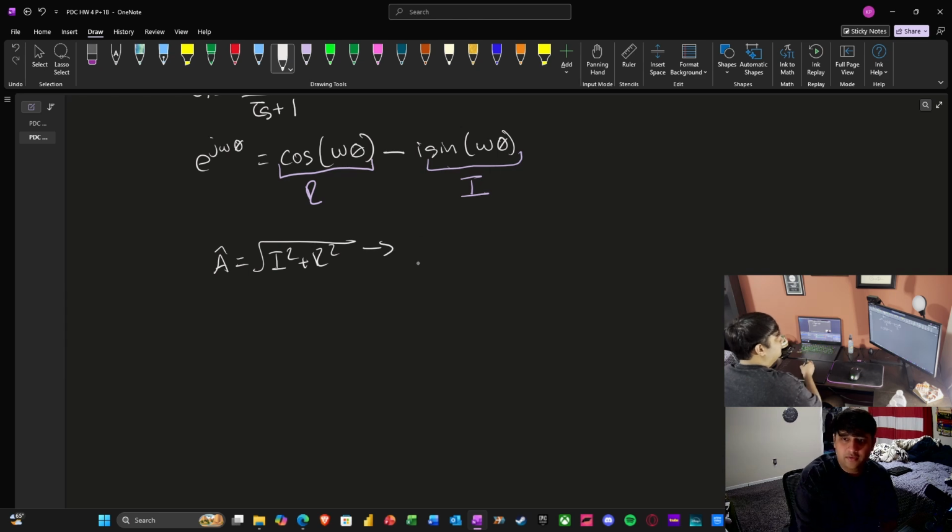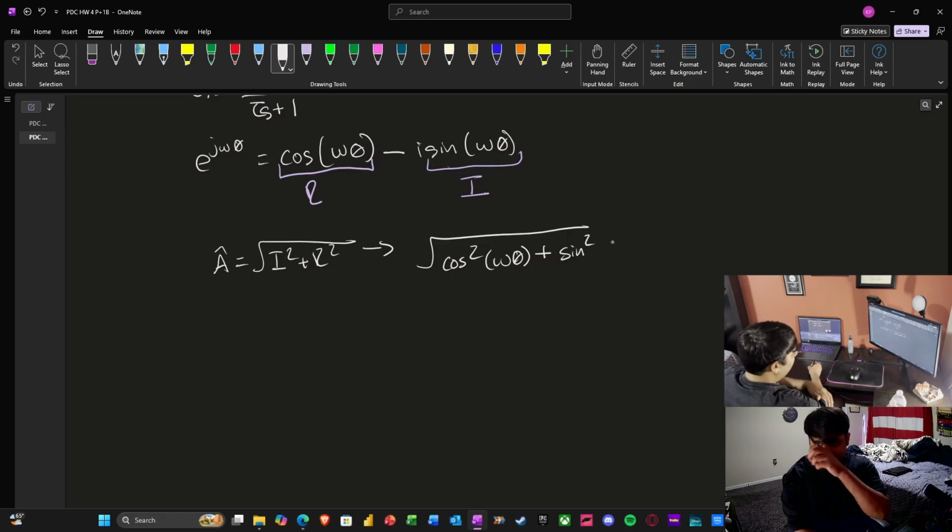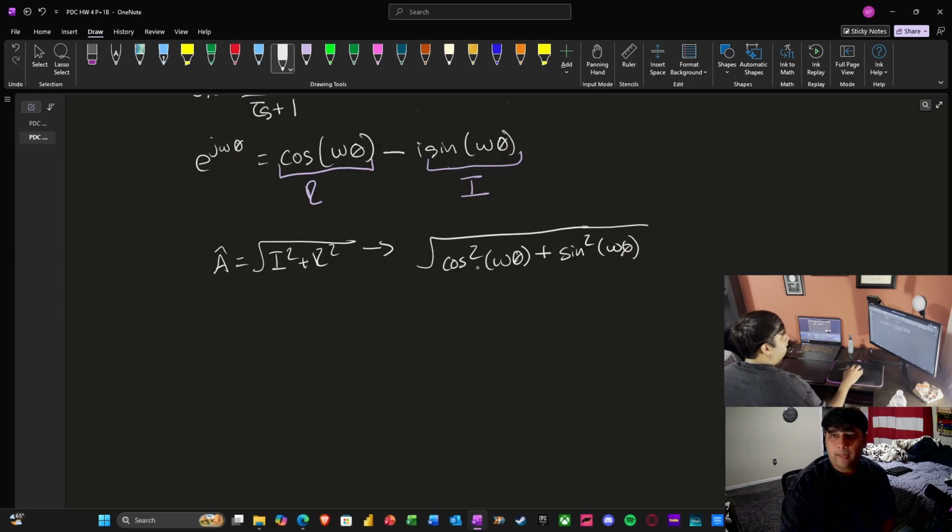So this gets expanded to, once we substitute, cosine squared of omega theta plus sine squared of omega theta. Since this is also imaginary, we don't include the i.